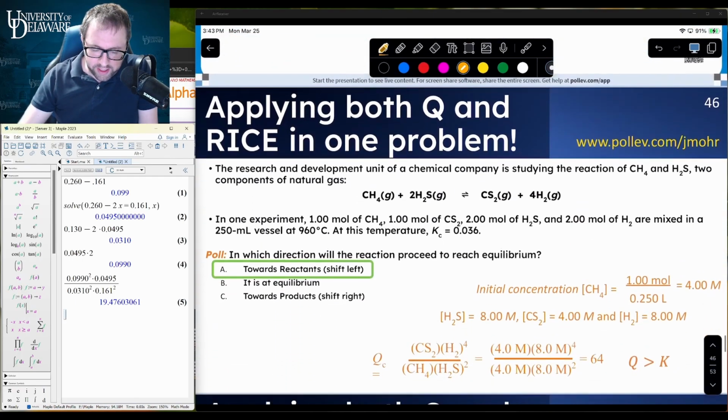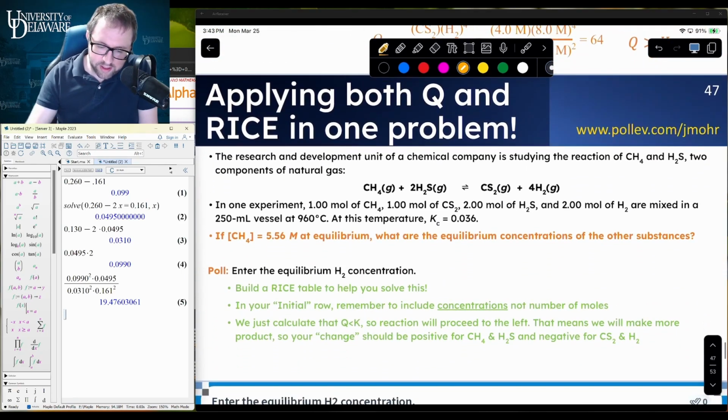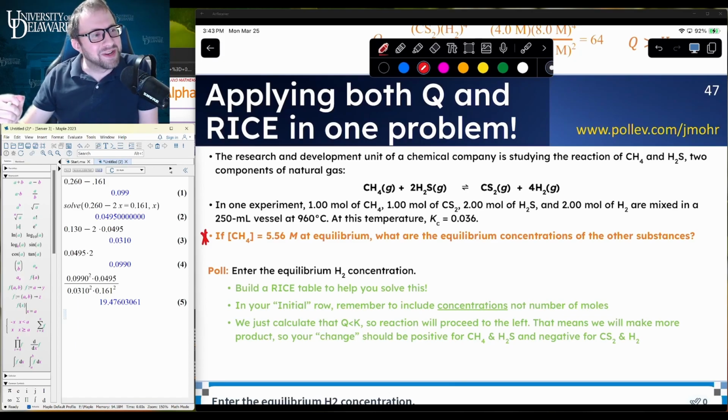In hindsight, I realized that I added this extra pip here. Depending on if I saw this in lecture or not, we may or may not have done it with this pip. Notice that that tells you an equilibrium concentration, and that makes this an easy question.